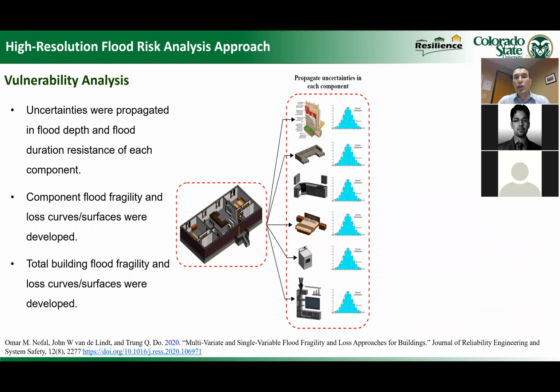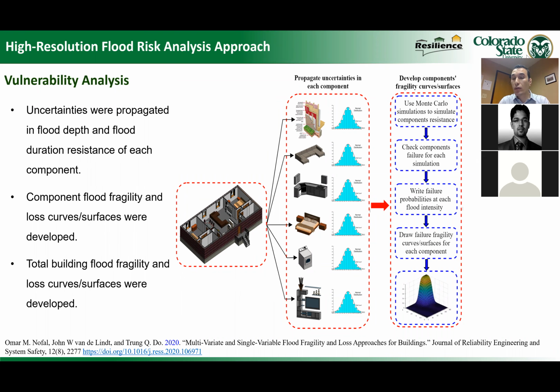So here it shows how the building was divided into components and the distribution of the damaging depths and the damaging duration. And then we developed component fragility curves and surfaces, because we did a single variable flood damage analysis and a multivariate flood damage analysis. The single variable includes the impact of flood depth only, and the multivariate includes the impact of flood depth and flood duration.